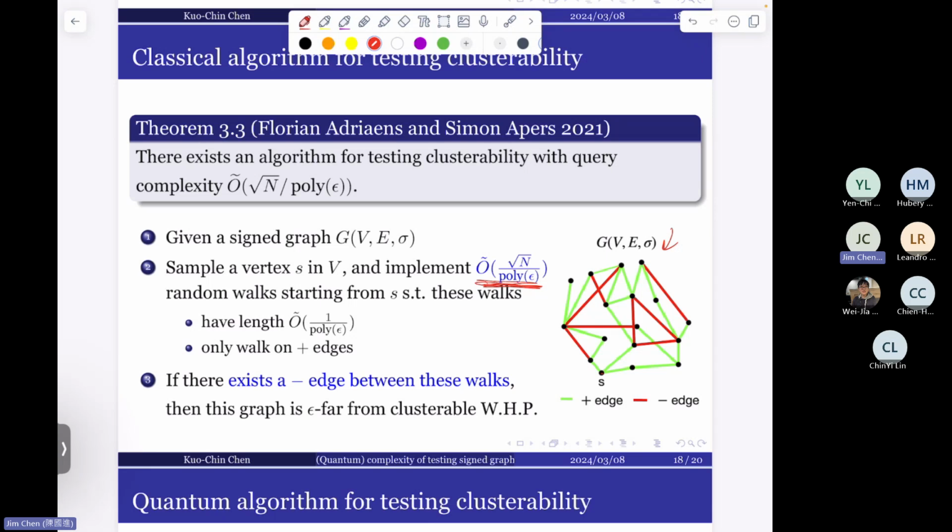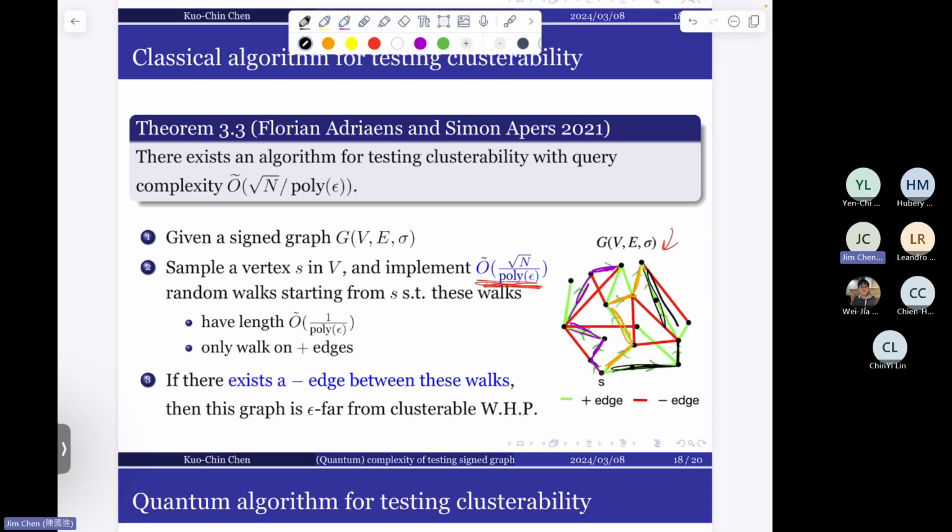For example, like this one, we do the random walk, or this one, we implement a lot of random walks. So for example, this is the first walk, and we have the second walk, and we have a third walk. Okay, something like that.